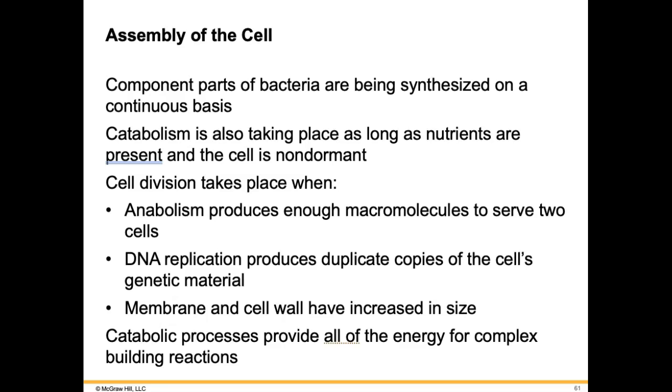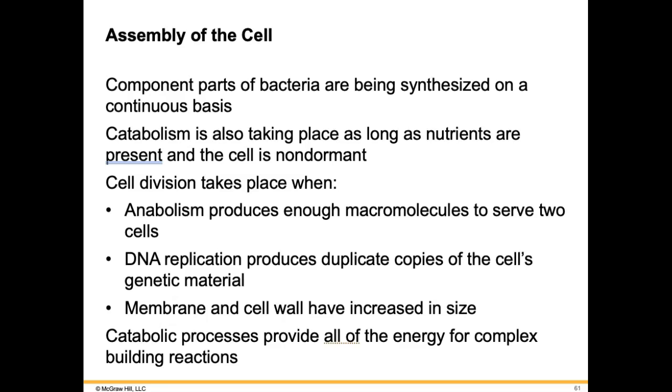So what's the point of all this? We break down glucose as far as it'll go until we get ATP, and then we use that energy for cell division, or we rebuild, we repair, okay? Component parts of bacteria are being synthesized on a continuous basis. Catabolism is also taking place as long as nutrients are present.